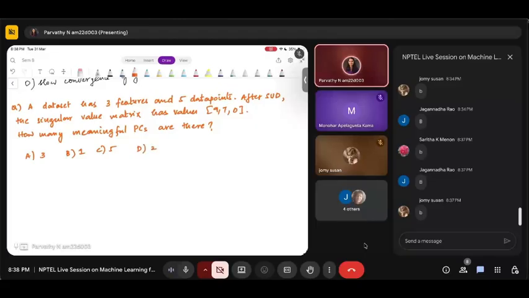How many meaningful principal components are there? So the singular values are 9, 7 and 0. How many of them are meaningful?